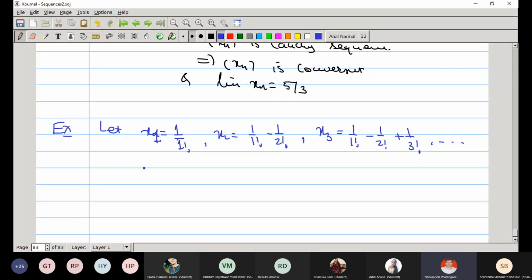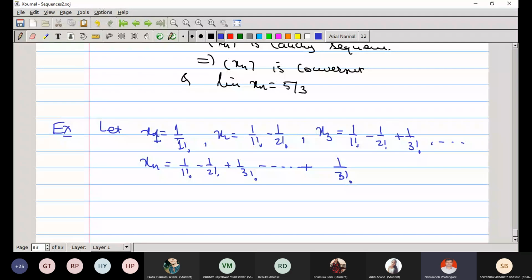So what could be the general term of sequence xn? 1 upon 1 factorial minus 1 upon 2 factorial plus 1 by 3 factorial and so on. What will be the last term? Means last number in xn. In x3 last number is 1 by 3 factorial, but it is positive, right?